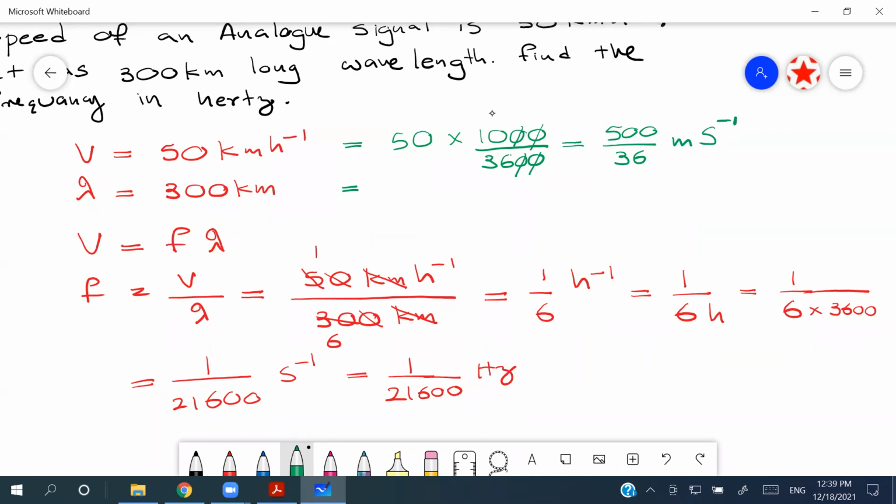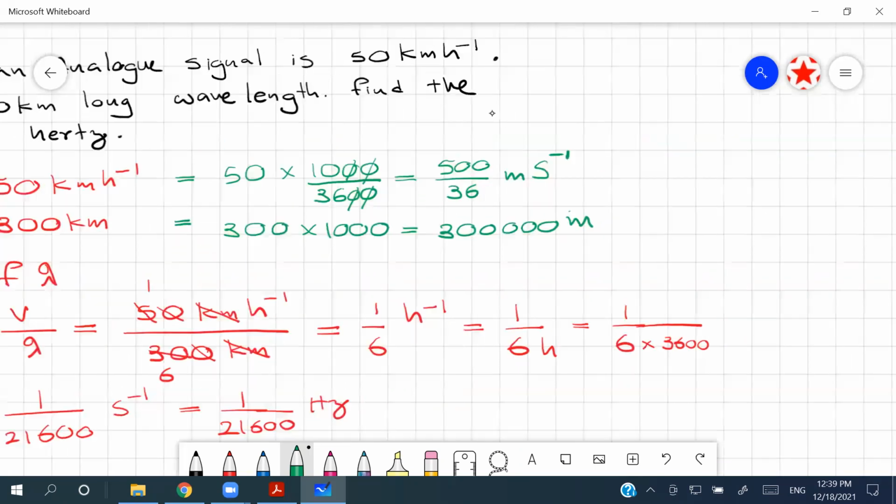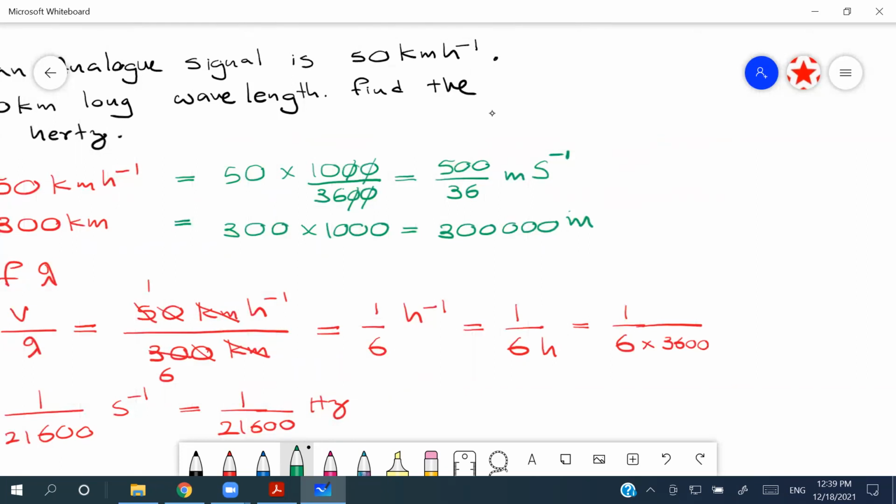So if I take the 300 kilometers into meters, I just need to multiply it by 1000. So it's going to be 300,000 meters. Sorry, not kilometers, meters. So now I got the things in ms minus 1 and meters.